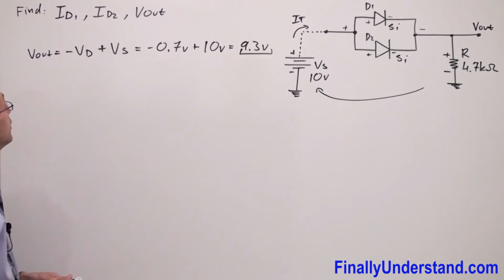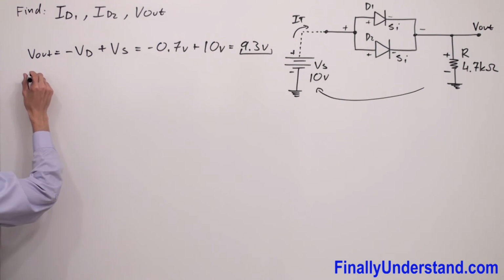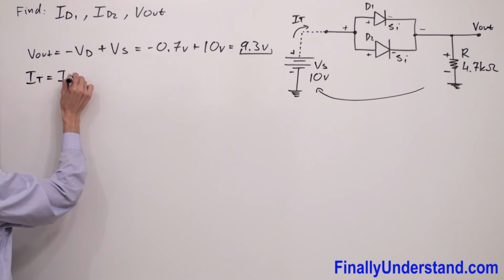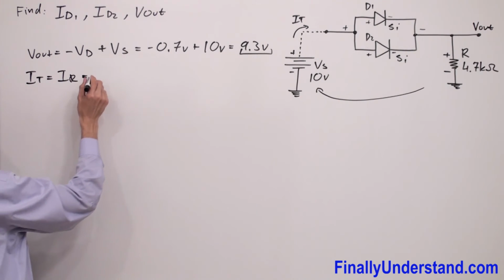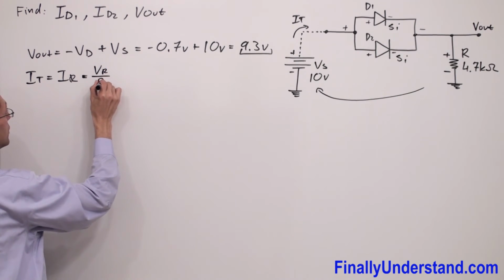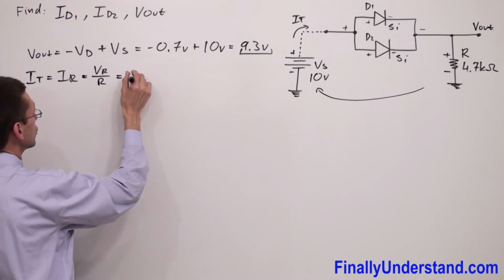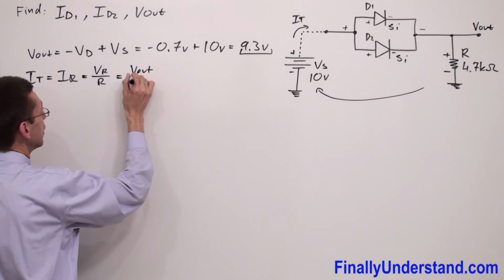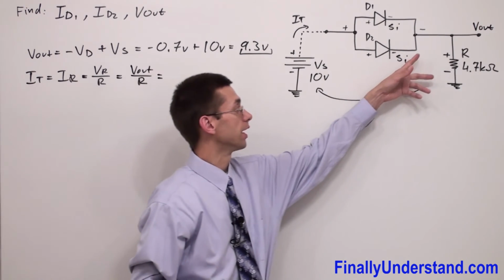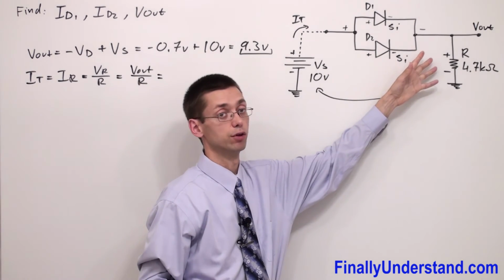Next, I can find the current which goes through the resistor. I can say that I total is equal to IR, which is equal to the voltage across the resistor over the resistance. In other words, this is also V out over the resistance. This is the same thing because V out and VR are the same voltage, okay?